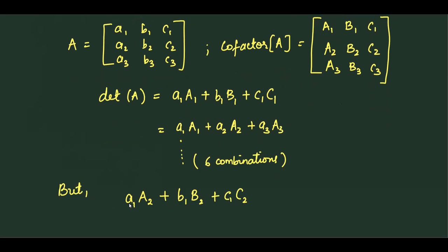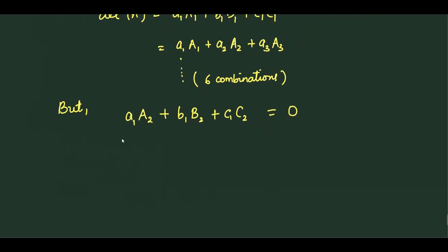So what I'm doing, first row multiplied by cofactors of second row, it will be 0. Or A2 multiplied by cofactor of A1, B2 multiplied by cofactor of B1, C2 multiplied by cofactor of C1 is 0. Or take the first row and the cofactors of the third row.